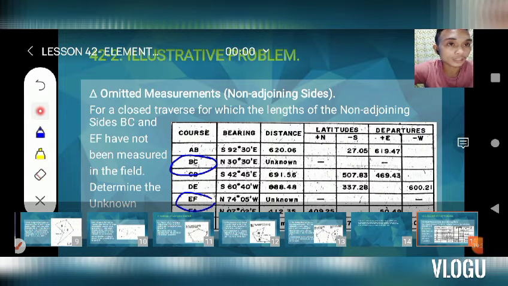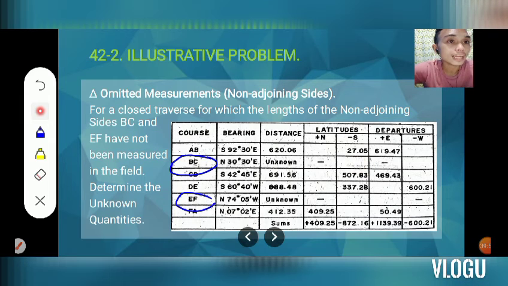BC is unknown, so we cannot calculate it and need to leave it blank. For CD, since it is going south to east, we have 547.83 for the latitude and 465.93 for the departure.